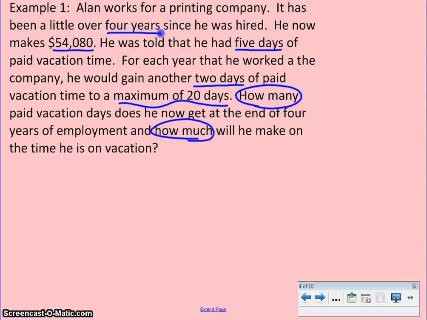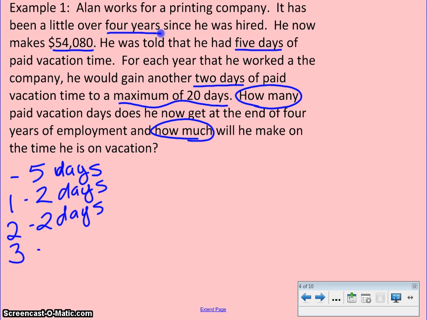So the first thing that we need to do is let's go ahead and figure out how many vacation days he's earned. We know that when he first started, he got 5 vacation days. And we know after his first year, he got 2 more days. After his second year, he got 2 more days.